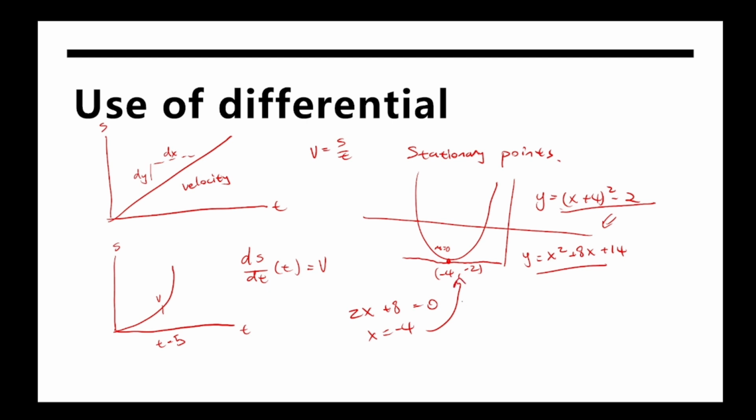Well, you may say that completing the square is quicker, is easier, but what if the power is greater? What if it's to the power of 4? We want to know the stationary points. What if we have like 3x to the power of 4 plus 2x to the power of 3 plus x to the power of 2 plus -4x plus 3? This is very hard to complete the square.